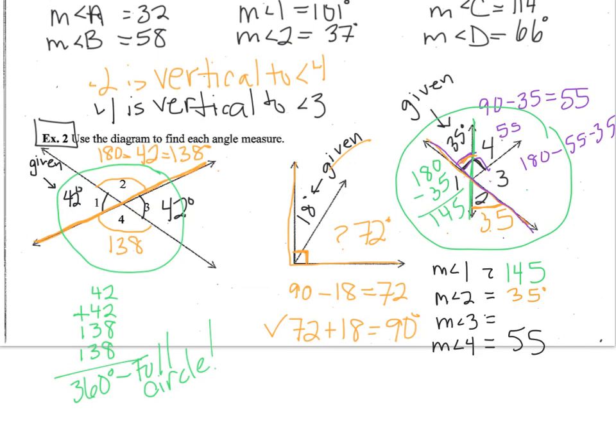So if I take away those two acute angles, I'll find my angle 3, which is 90 degrees. Which makes sense, because if this side is 90, 90 and 90 make the 180. So I'm pretty confident with that answer. Again, I could add those all up, and they make the full circle to double check my work.